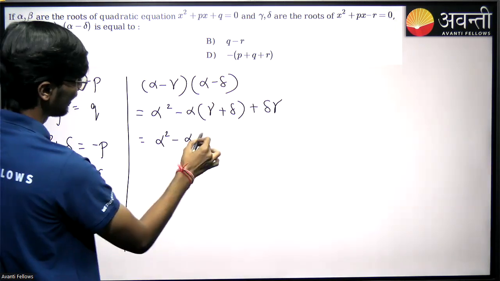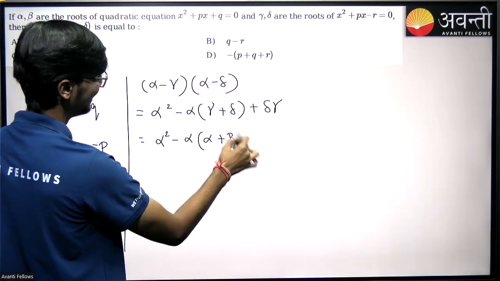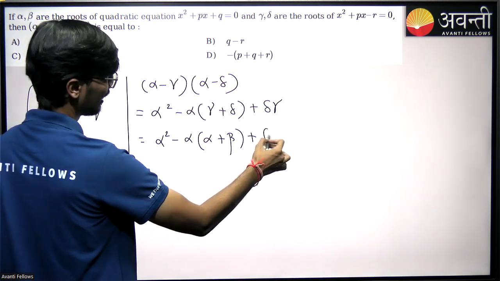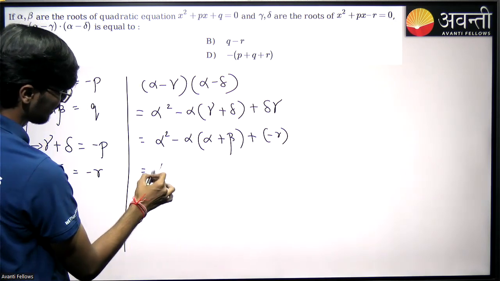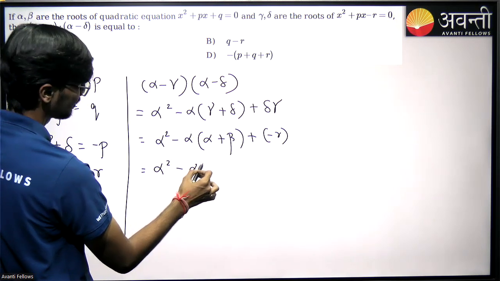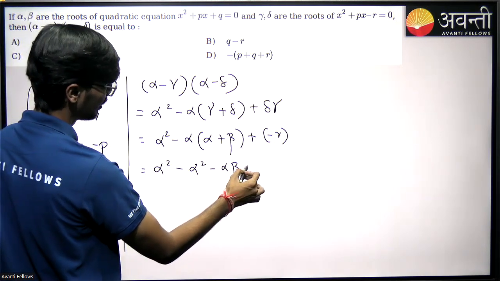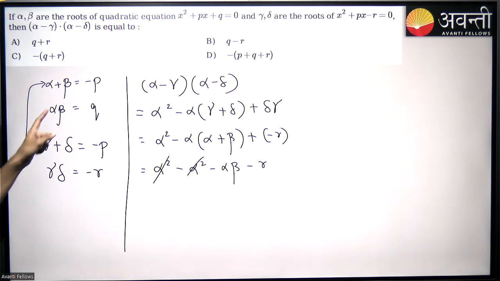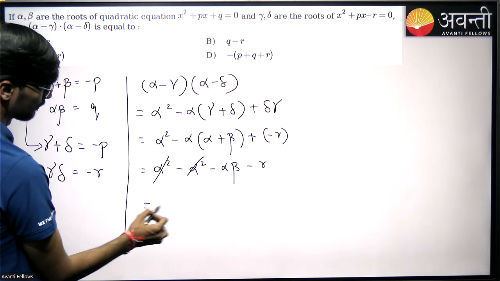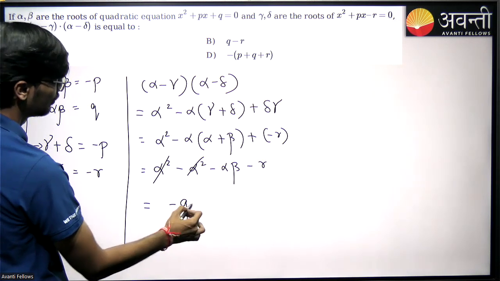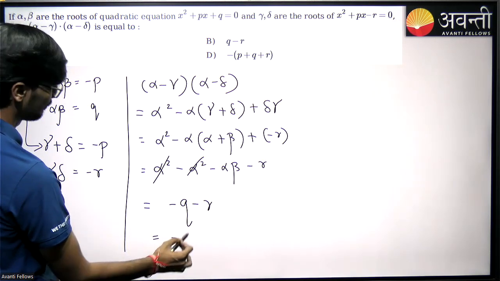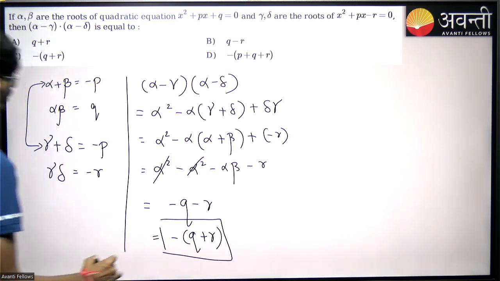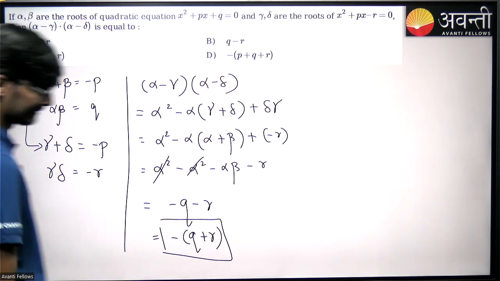So here I can write alpha plus beta, plus gamma delta, whose value is minus r. If I open the bracket, I'll get alpha square minus alpha beta minus r. So this will get cancelled and alpha beta's value is q. This is minus q minus r, or you can say minus of q plus r is our answer. Simple. So the answer is option number C.